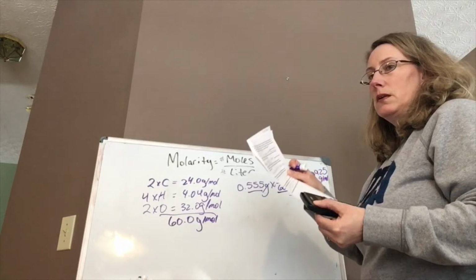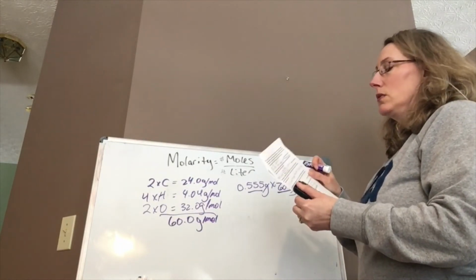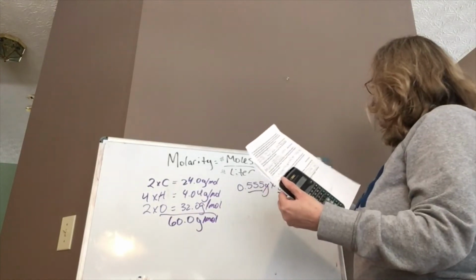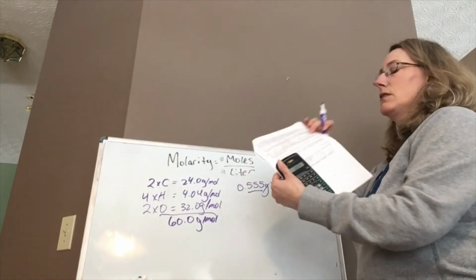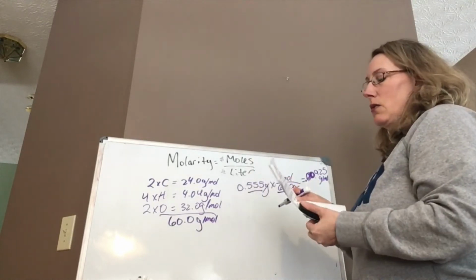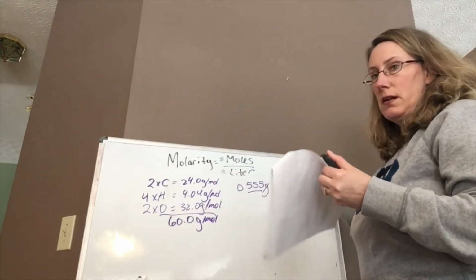Did I lose anybody? Okay, so this 60 was this first answer here. This 0.00925 is the second answer here, your moles of acetic acid. Now here's the reaction again.